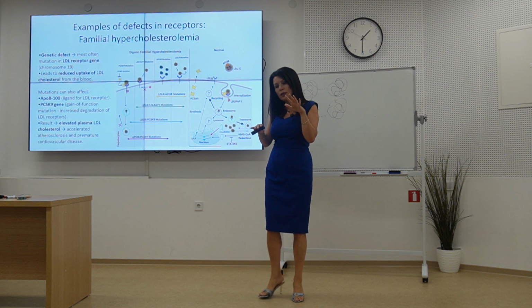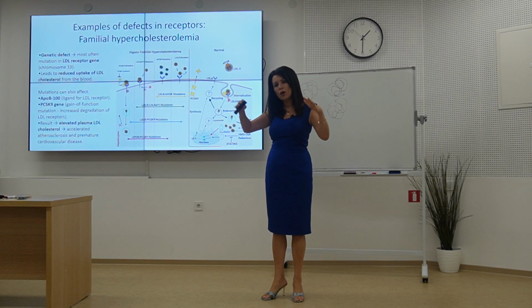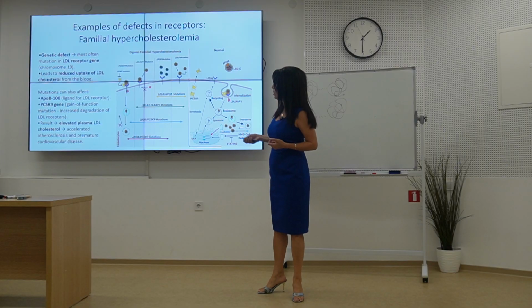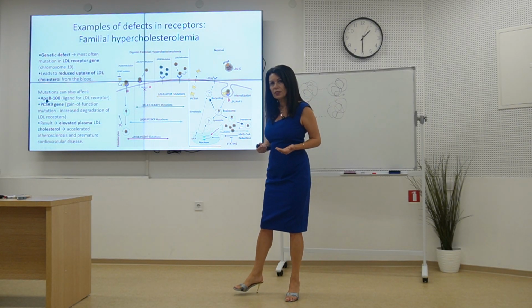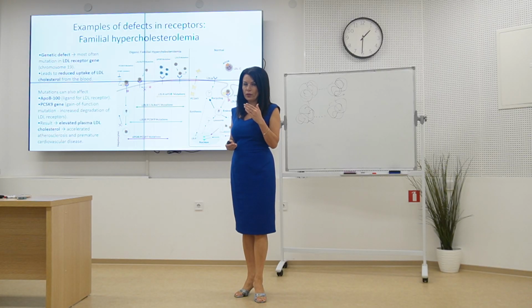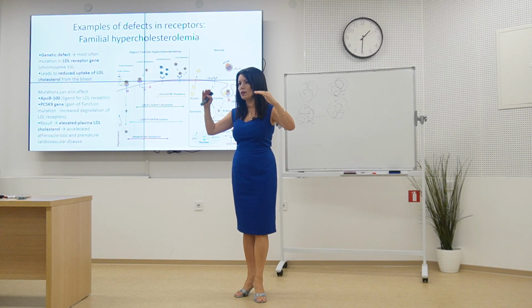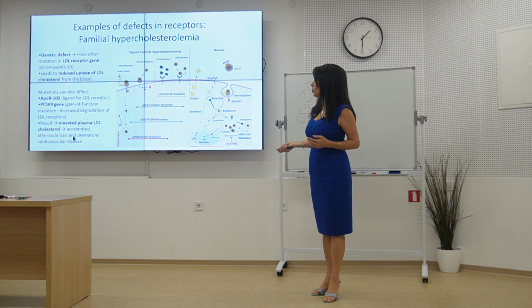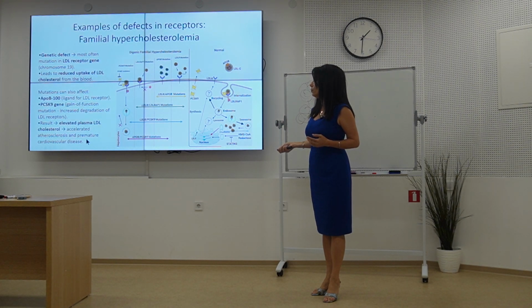Normal. It can be regulated with normal amount of the receptors on the surface. But if there is gain of function mutation, there will be increased LDL receptor degradation, which means the same result, high LDL in the blood, which means atherosclerosis accelerating and premature cardiovascular diseases.